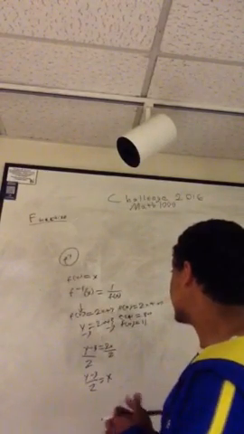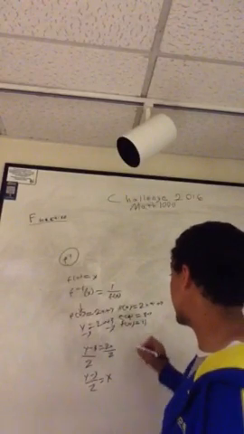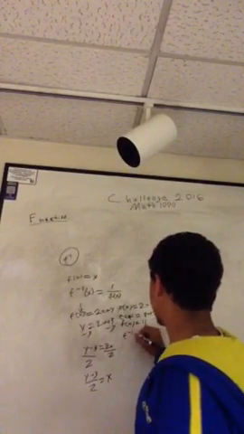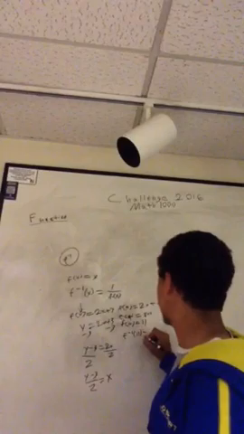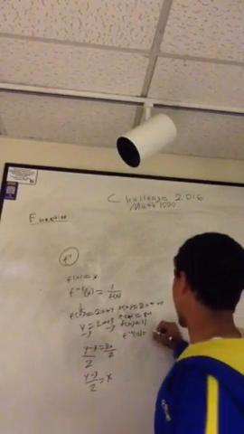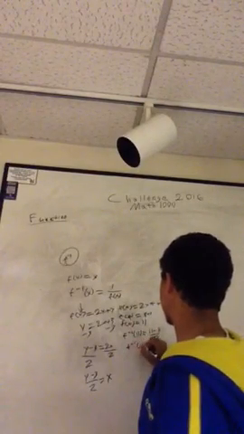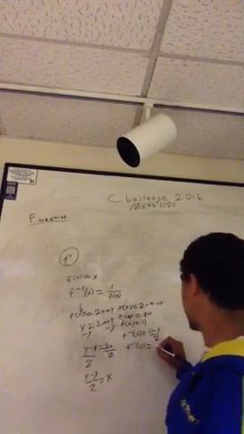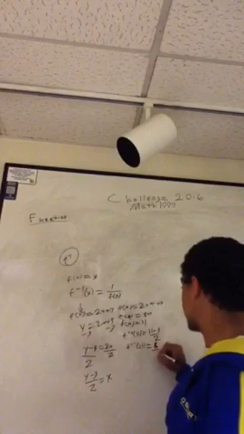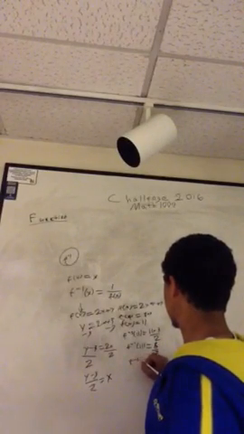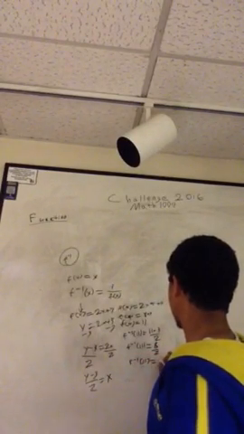So if y is equal to 11, we can input it back into our inverse function: 11 minus 3 over 2. So the inverse function is then equal to 8 over 2, which ends up being equal to 4.